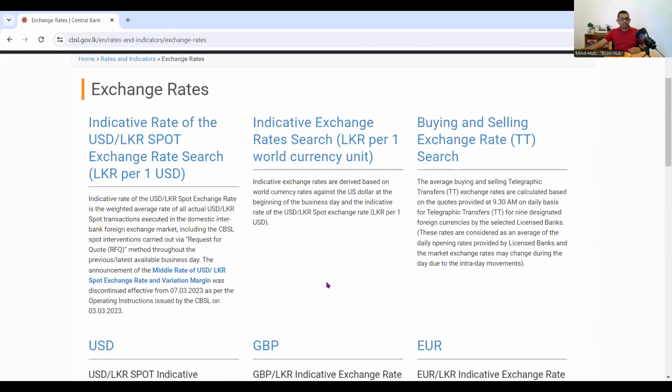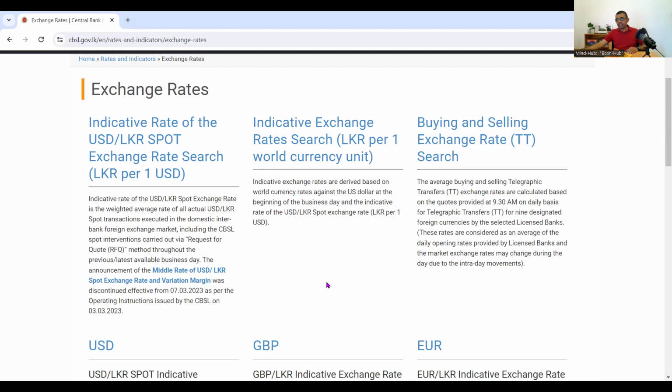But again, let me reiterate, let me highlight that you need to be familiar with the central bank website, this particular area, and make sure you are clear on this concept of indicative rate as well. And I will test you obviously in your mock exams and things like that to ensure good answers.